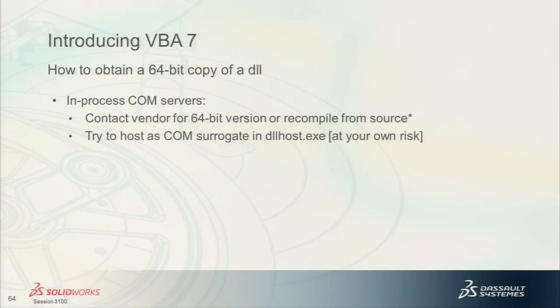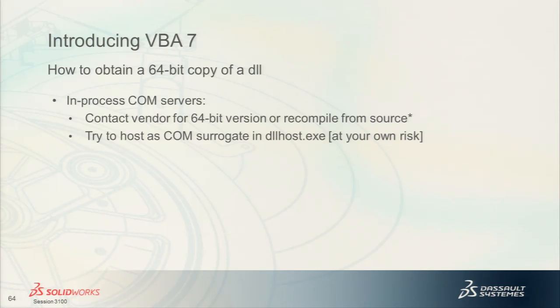It's the same thing for the in-process COM servers, just contact the vendor. So in our case, for Document Manager, you're done, because we, of course, provide a 64-bit version of that. So it should be okay if you have the source, recompile. Or we're going to use a trick, and this is one of the use cases I have.